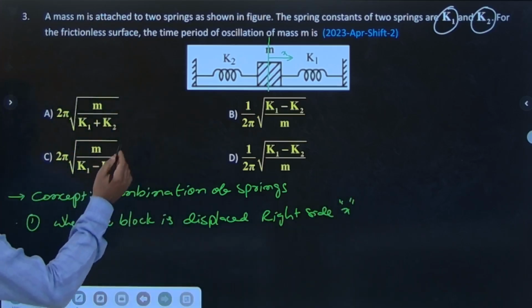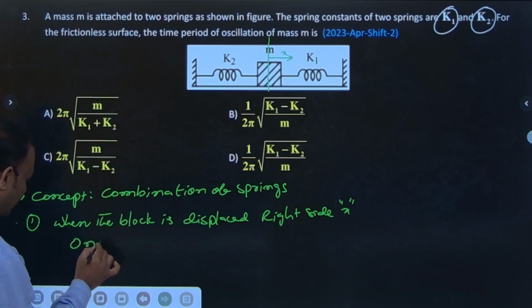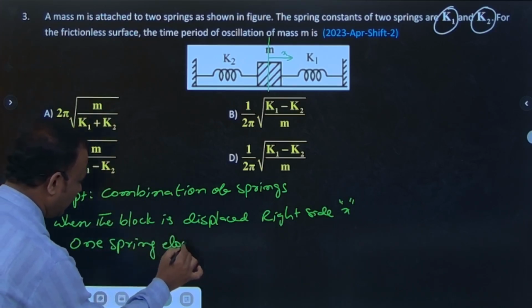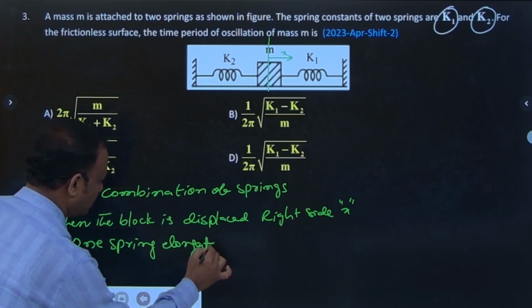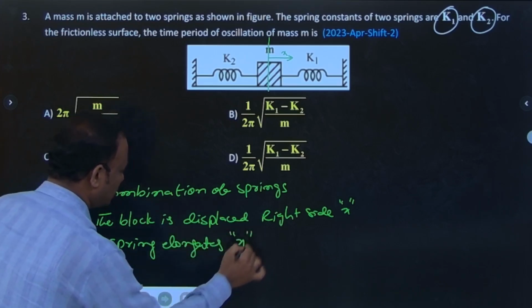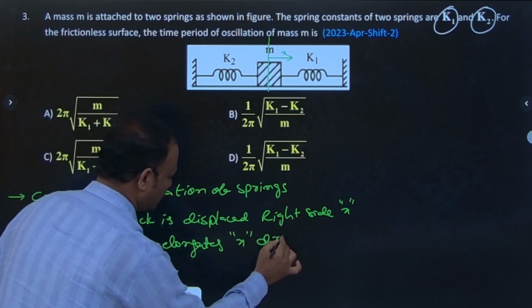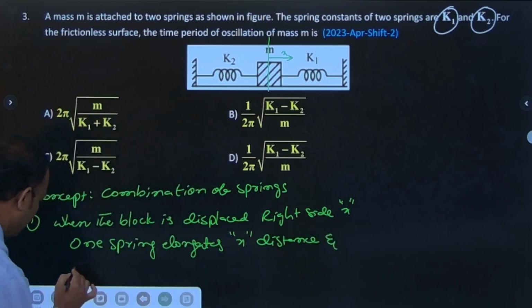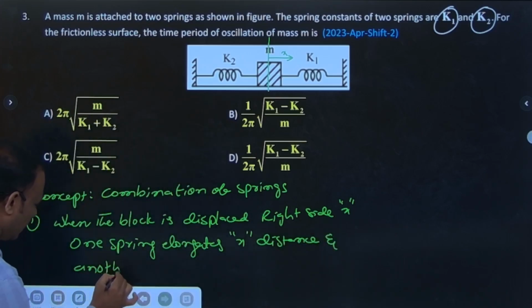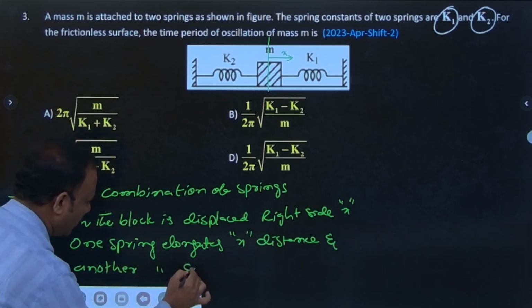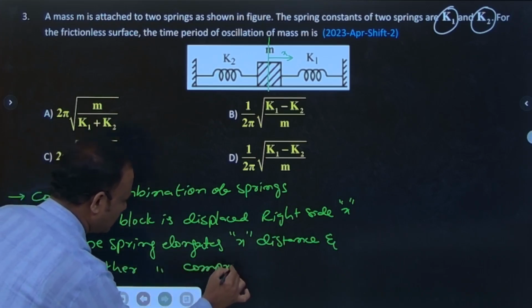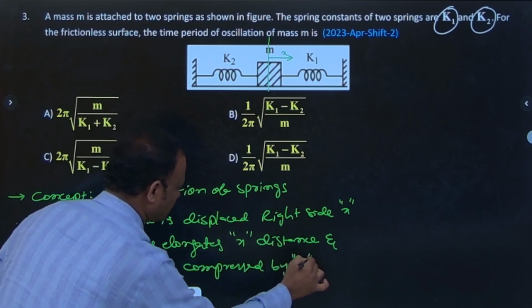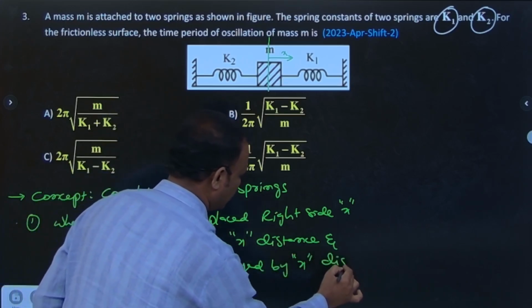One spring elongates by x distance, and another spring is compressed by x distance.